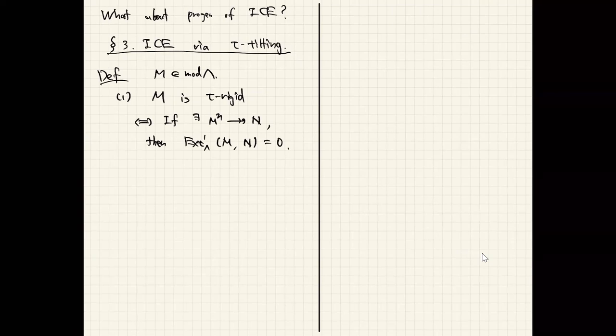Being rigid means just Ext^1(M, M) is equal to 0. But τ-rigid requires that this Ext vanishes for every quotient of direct sums of M, from M to every quotient. So this is stronger. This implies that M is rigid, and this implication holds for the path algebra case.